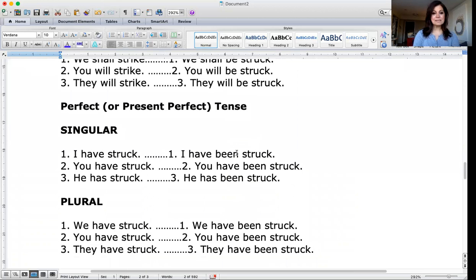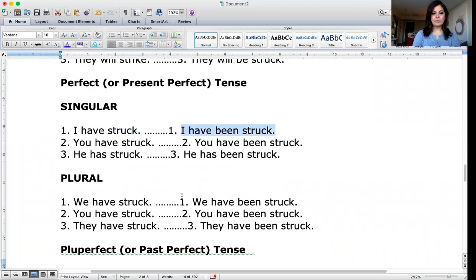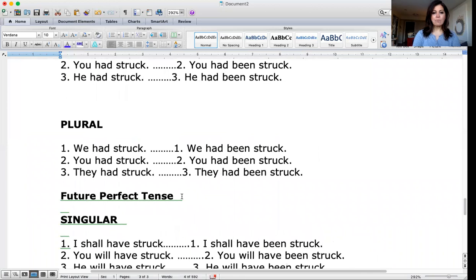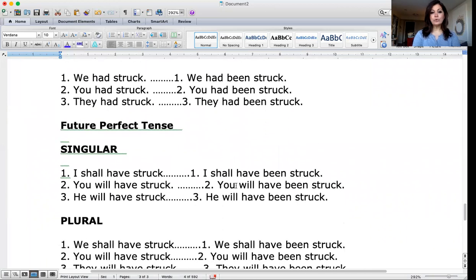Perfect tenses are a little bit different because in perfect tenses we have verb have or has in the present and had in the past perfect, with the past participle of the verb. In perfect passive, I would say, I have been struck. Or in future perfect, I would say, you will have been struck in future passive.